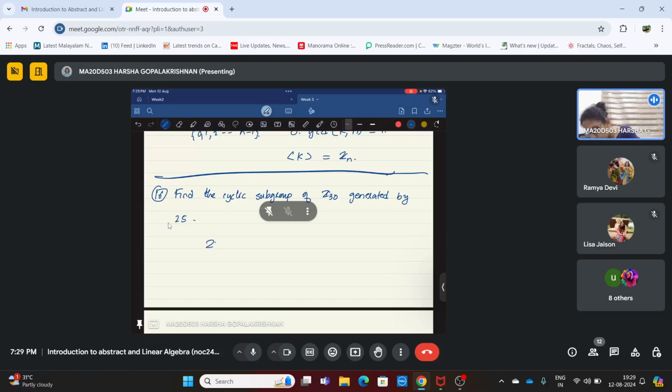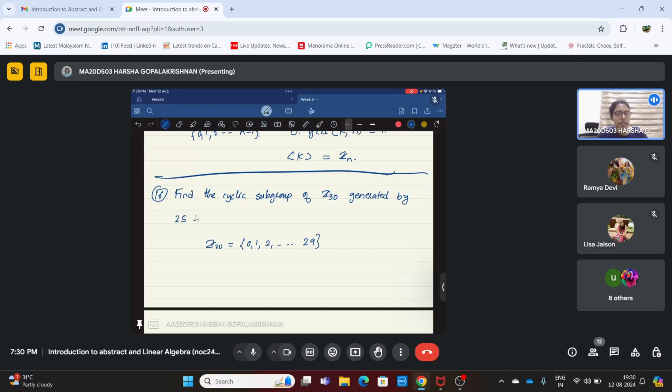What is Z30? Z30 means 0, 1, 2, etc. 29. So 25 belongs to this Z30. We need to find the cyclic subgroup generated by 25. If some element is generating, it is obviously cyclic. What we are doing is taking a square, a cube, doing the same operation again with the same element.